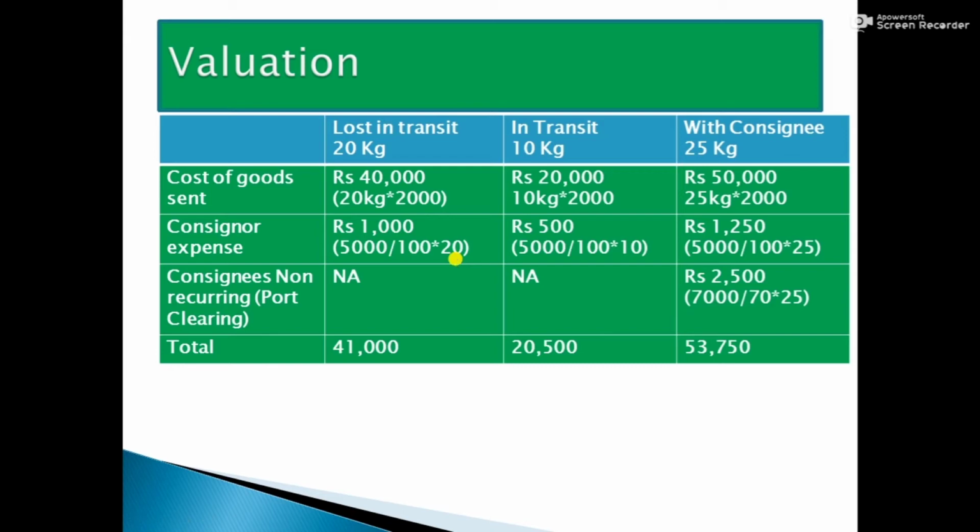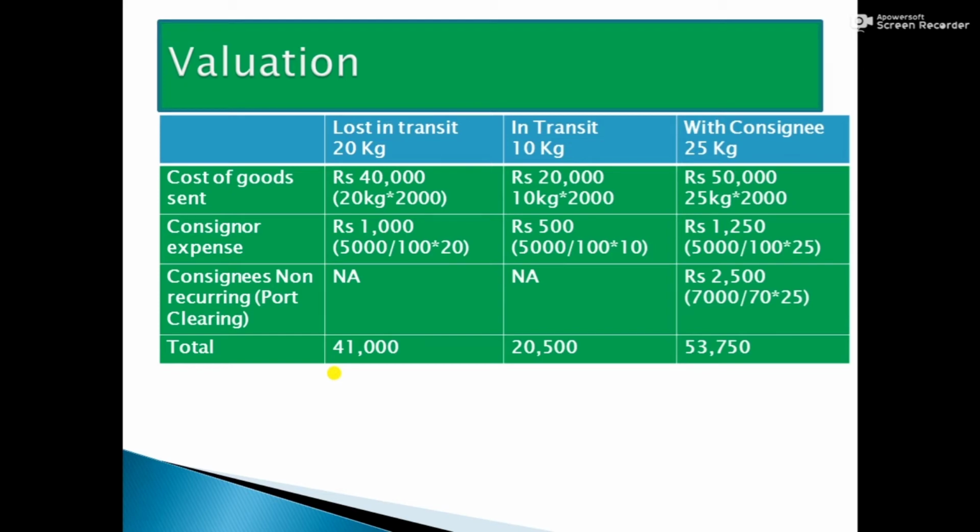Consignee's non-recurring expenses, port clearing charges, are not applicable for goods lost in transit because the goods were already lost. Therefore, total cost of goods lost in transit is 41,000. There was no insurance, therefore the net abnormal loss is 41,000. Therefore, credit in consignment account by abnormal loss 41,000.